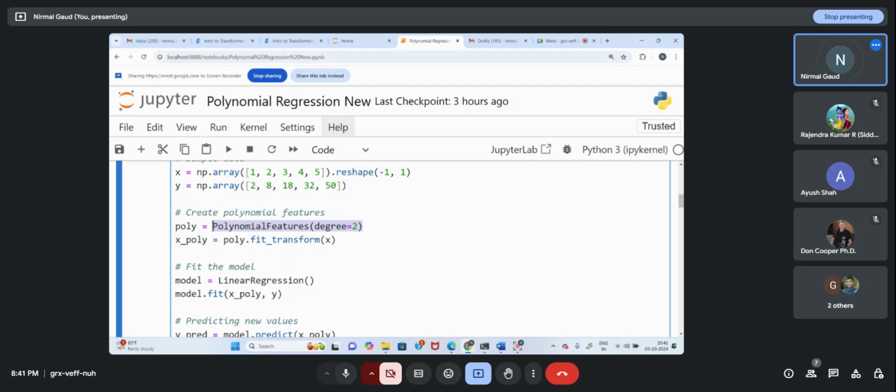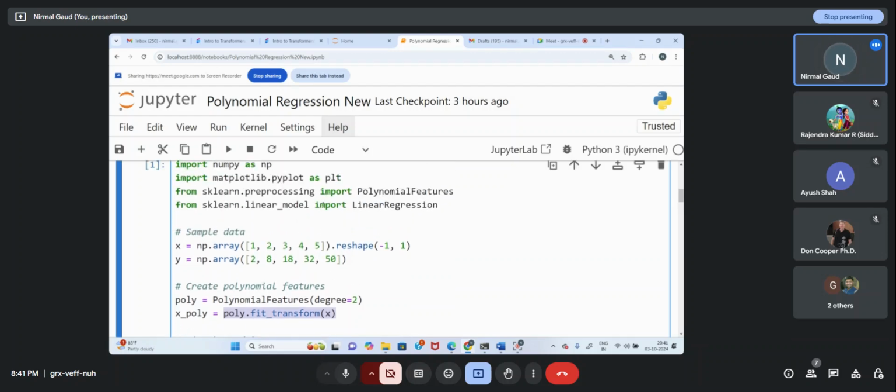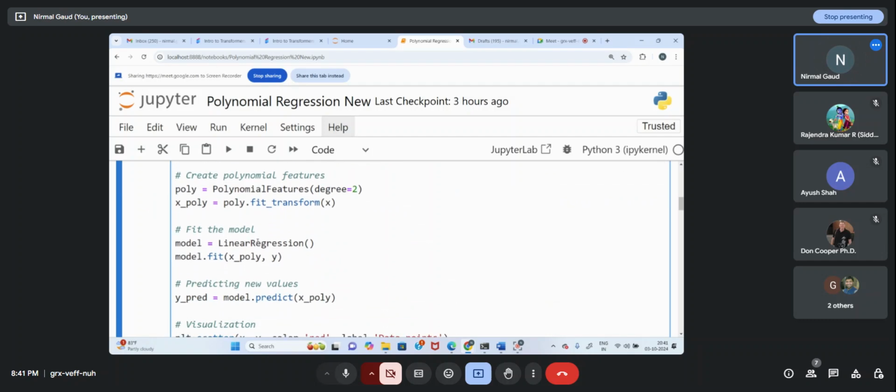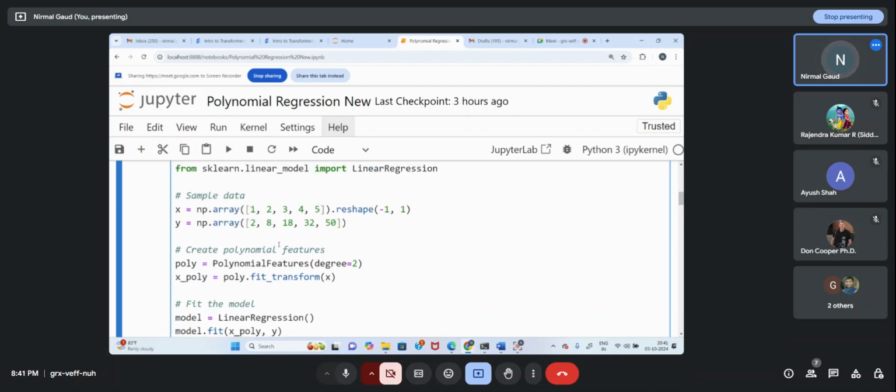Okay, so polynomial features degree 2, poly dot fit transform, this is part of preprocessing. Poly dot fit transform. Okay, so what we got from here, let me print each and everything one by one.